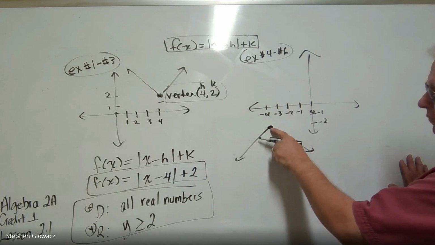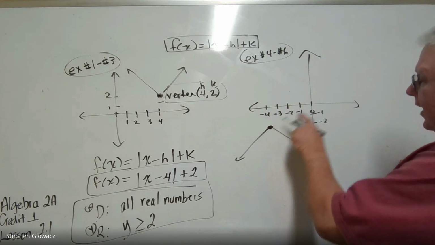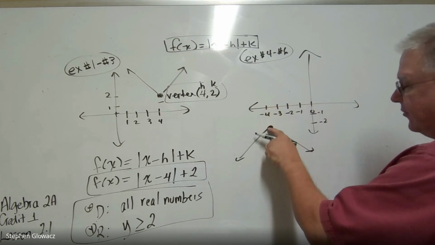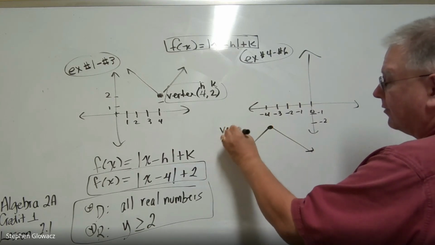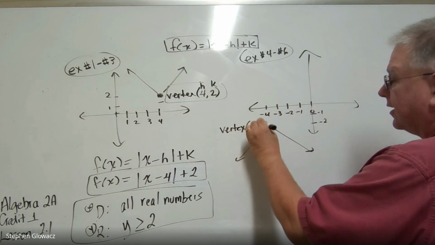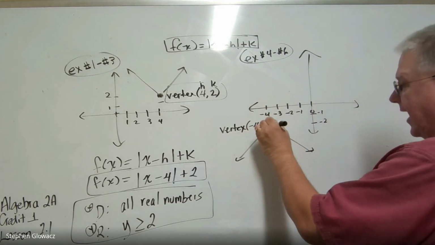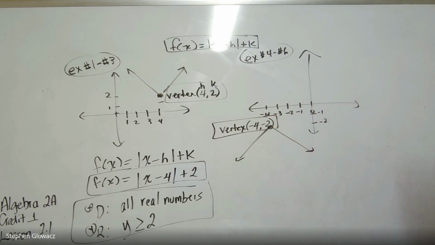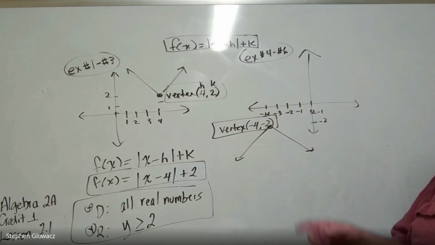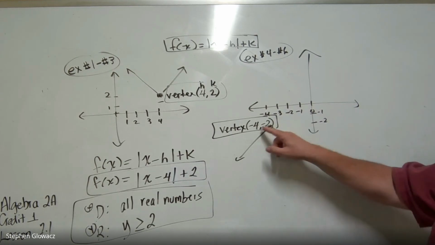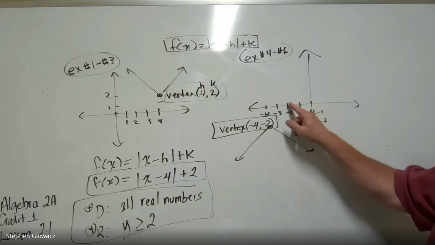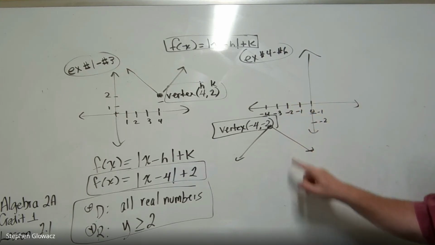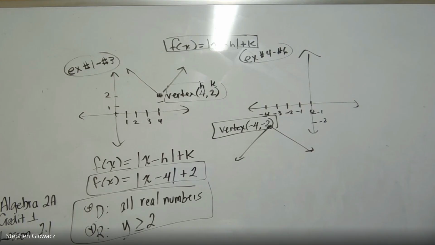And so the ordered pair that defines that point would be 4 to the left and 2 down. So that would be negative 4, and then 2 down, negative 2. So our vertex is at negative 4, negative 2. And again, make sure you don't switch those, because if you did negative 2, negative 4, that would be 2 to the left and 4 down, which would not be where the vertex is.